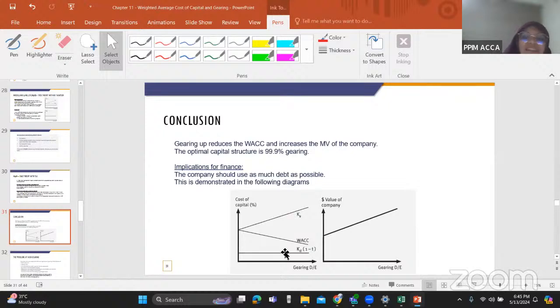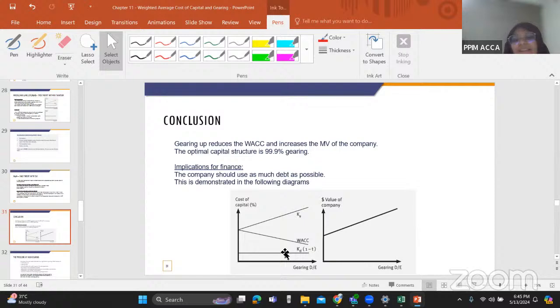So if you have additional interest, it's an extra expense, which will result in your profits decreasing. If profit decreases, you will end up paying less tax. So if you take more and more debt, first you benefit because it is cheaper, and second you benefit because you are paying less tax.